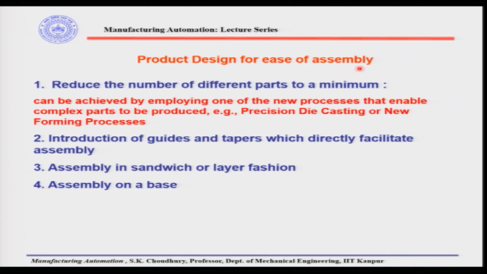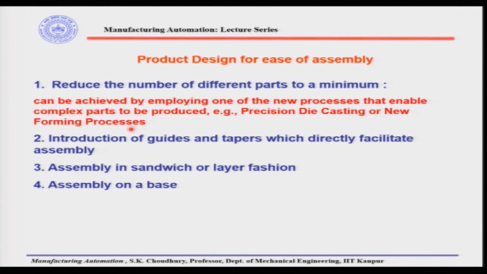Product design for ease of assembly. The first point is to reduce the number of different parts to a minimum. I discussed this just in the previous session. It can be achieved by employing one of the new processes that enable complex parts to be produced, for example, precision die casting or new forming processes. Let me explain it to you.